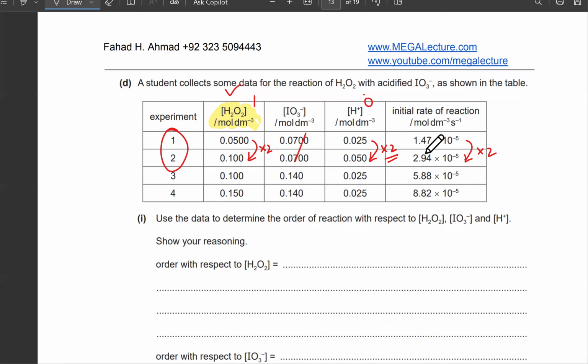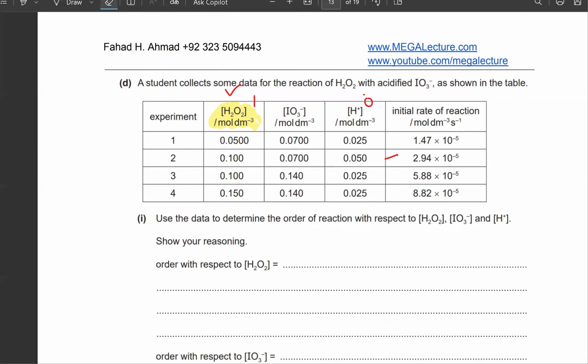But at this point, this thing is not showing any effect on the outcome of the rate of reaction, so that's order zero. Achha, so now things are easy. That means H plus one is not doing anything at all. It causes no effect.